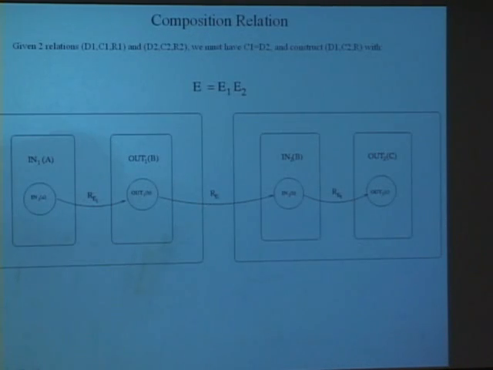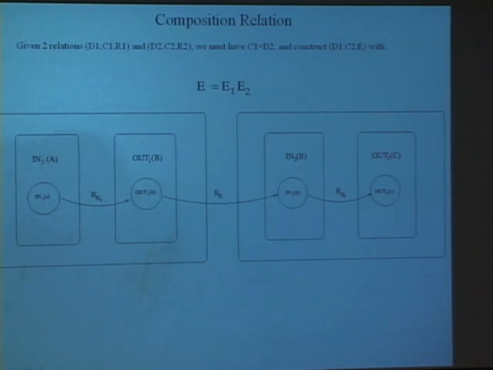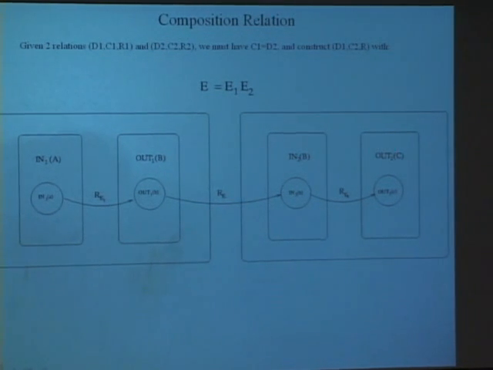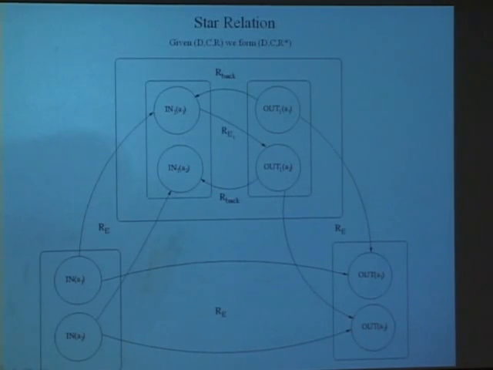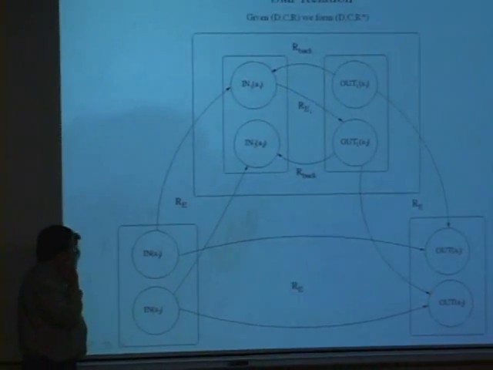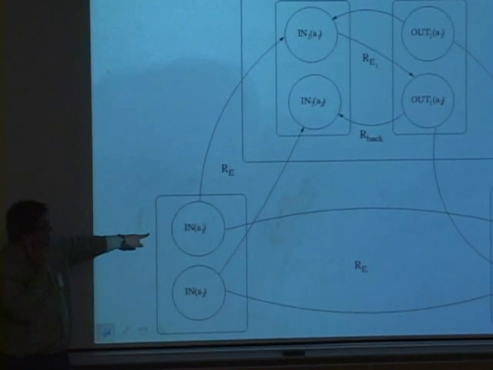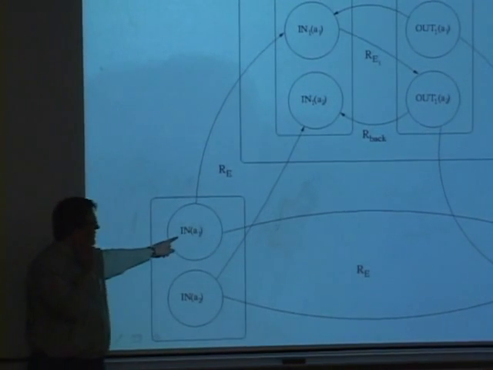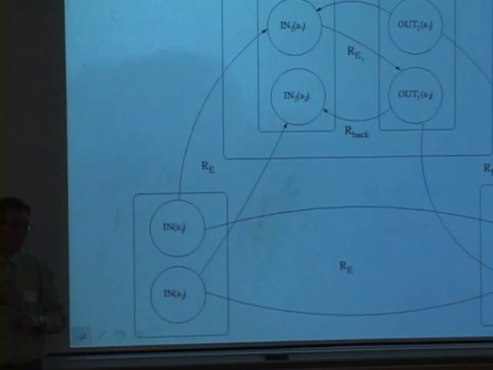And likewise for composition, right? We just chain those together. You notice that the output domain of one has to be the input domain of the other. Now the star relation is really the trick, right? In that we take each input element, given an input node, we have to have the same domain and codomain, right?